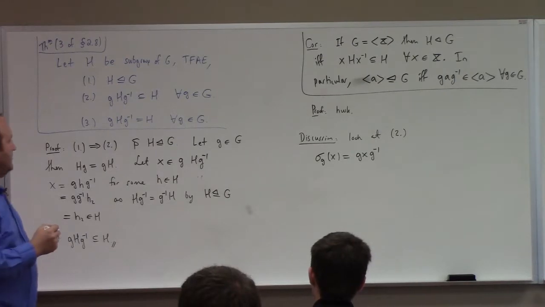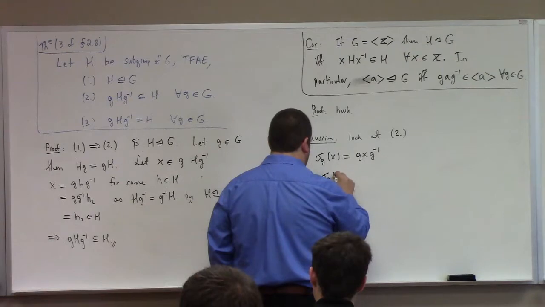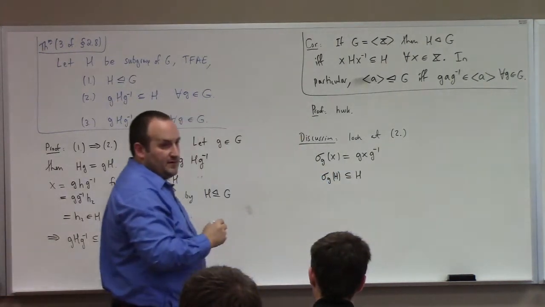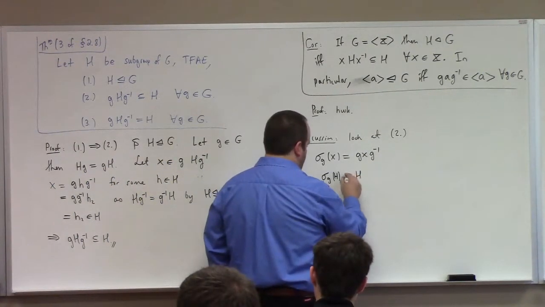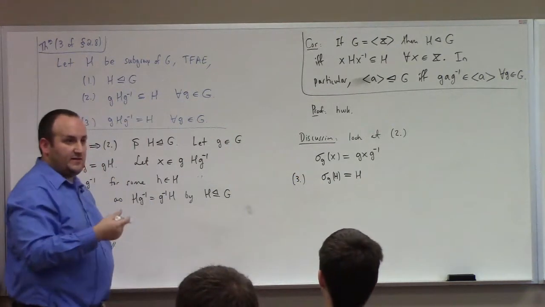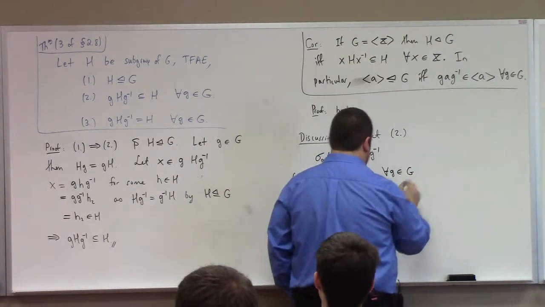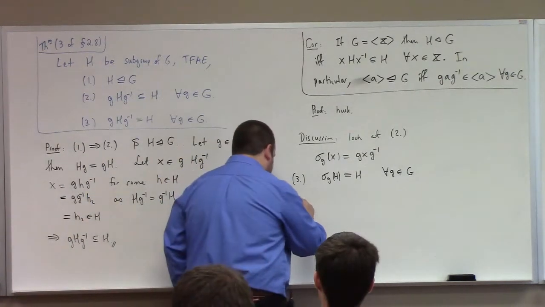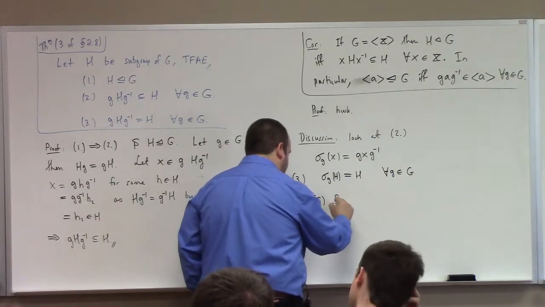I mean, 2 is really saying that sigma g of H is a subset of H. In fact, if you believe 3, which we haven't proved, but you can, it's not that hard, 3 would give you that, not for any g, but for all g. What does this mean in words? So this means that the inner automorphisms of G fix H.